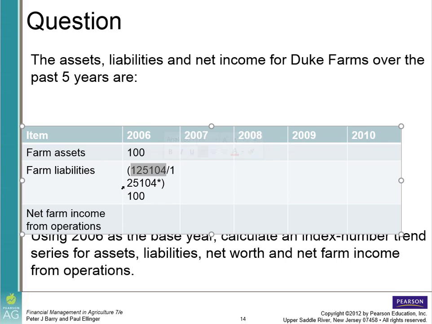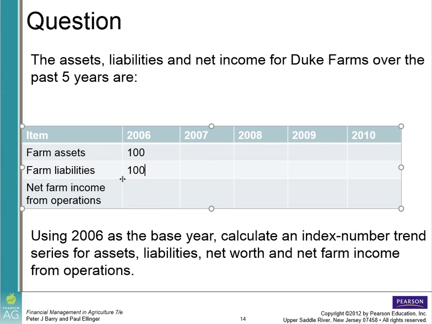So this will cancel with this right here, and again you will be left with 100. The reason you have 100 here is because 2006 is your base year. When you're comparing the base year to itself, you're always going to get 100 because 100 is your starting point. That's where you make all of the comparisons from.